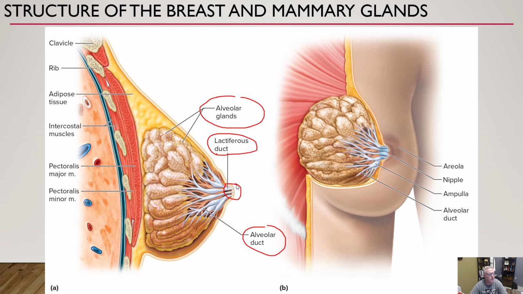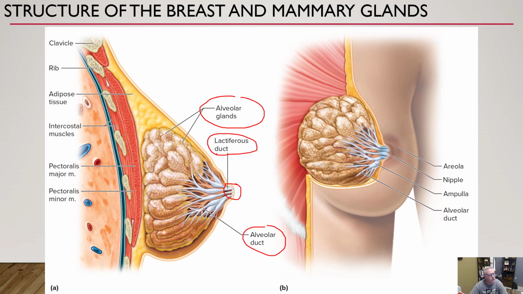And that's how the baby gets milk. The alveolar glands produce milk in a lactating female. And these dense strands of connective tissue in the mammary glands support the breast.